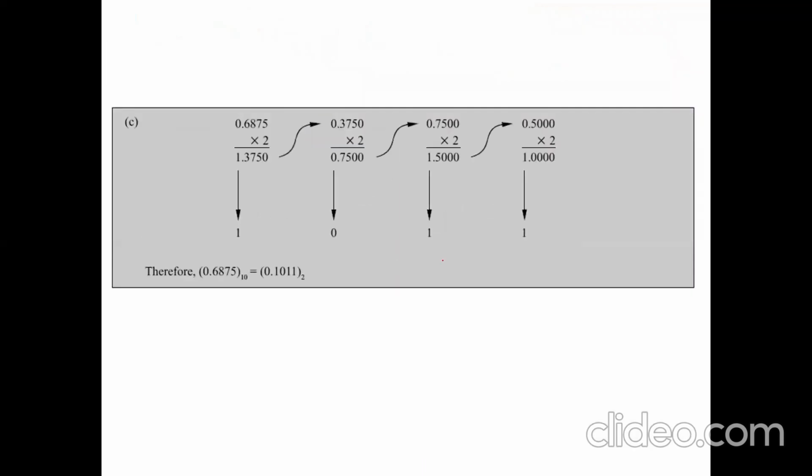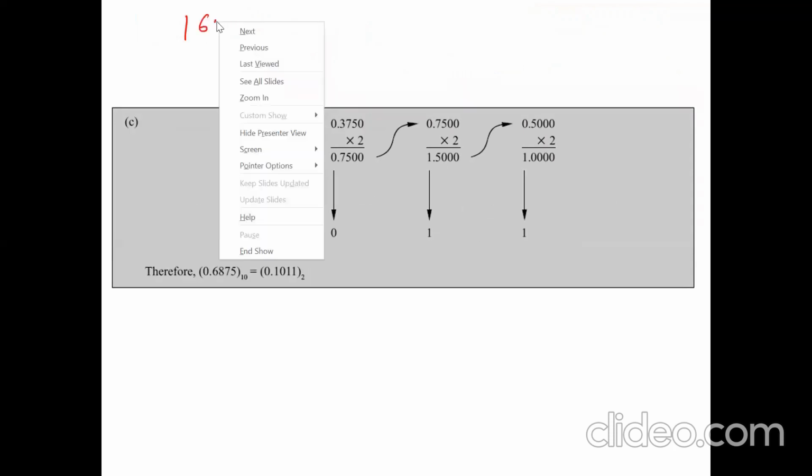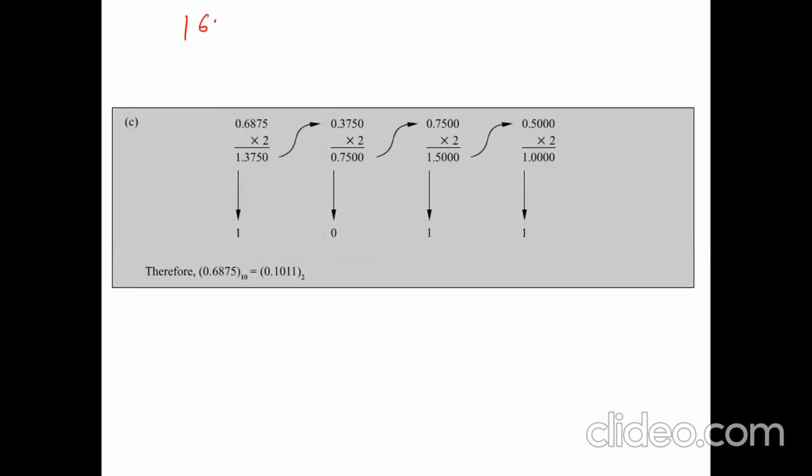Earlier we have done decimal to base 2. Now I want to tell you about another decimal number. Let us suppose you have taken 16.25. This is a decimal number.